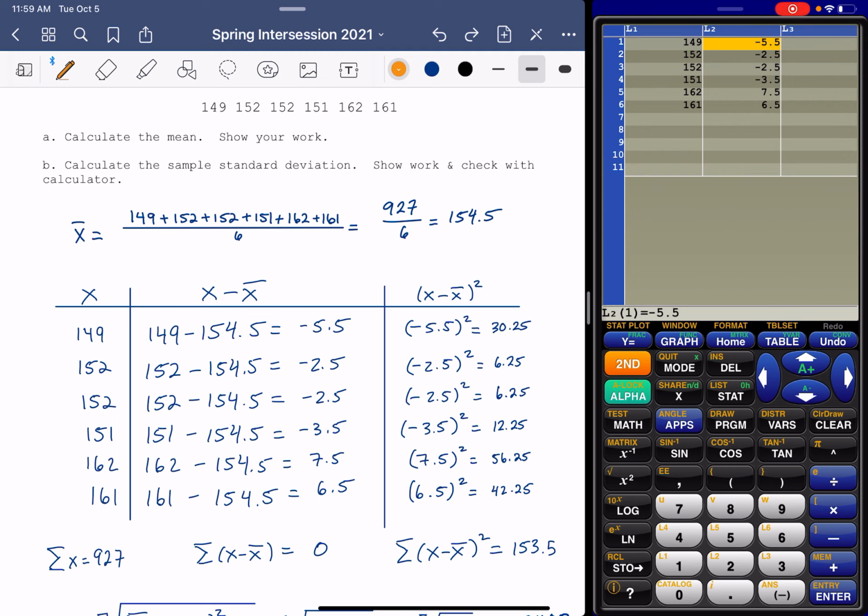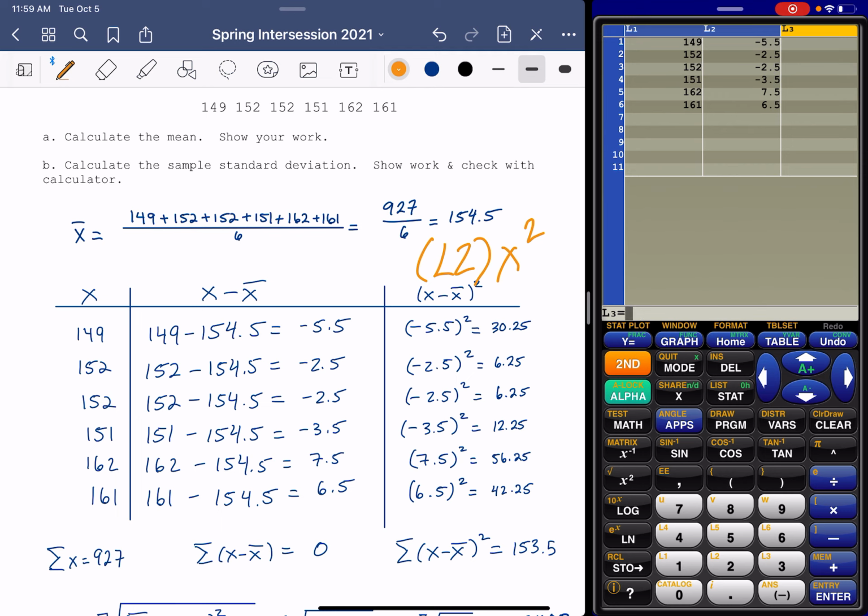Of course we can. So for L3, we got to go all the way in the top, right? And what we do is we're going to need to take, I would suggest put parentheses, L2, close parentheses, squared. All right, fine. So we're going to take L2, and then we're going to square it.